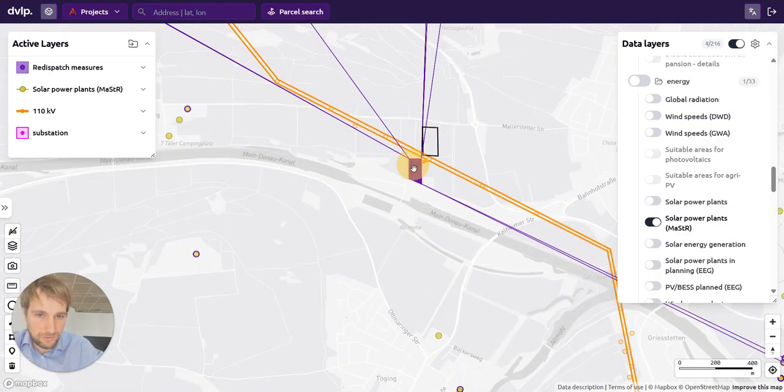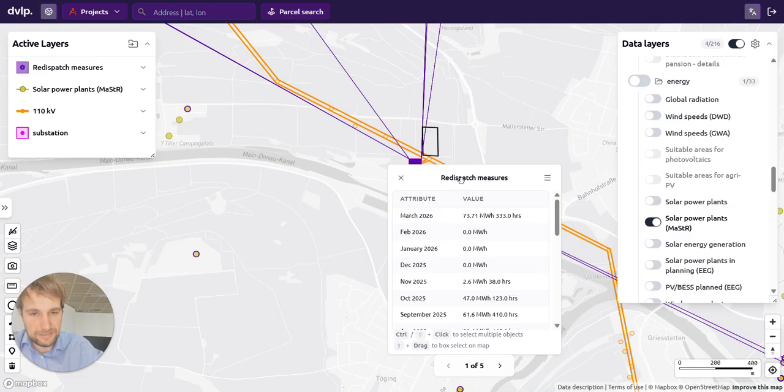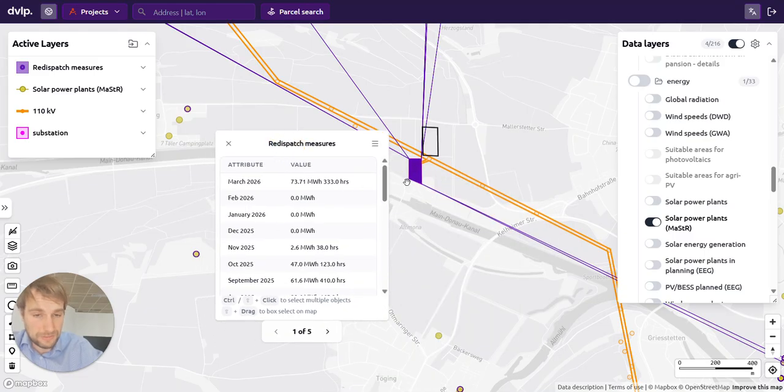So we are also consolidating all the measures that contained the bottleneck location and summing them up, and then also see the amount of hours and total energy that was curtailed, that was redispatched over the past 12 months because of that bottleneck.